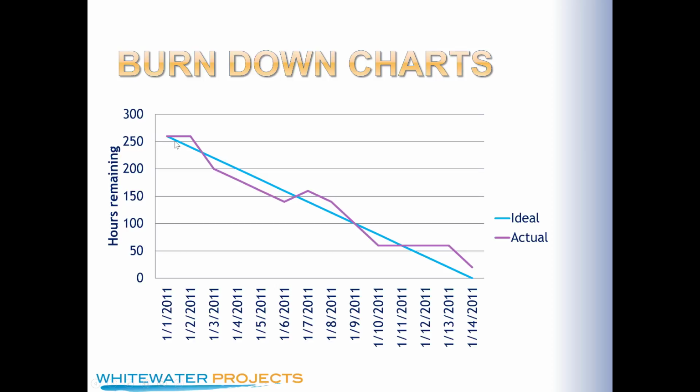And so this next line, the purple line, is a daily update. That daily update would show exactly how much time remaining we have estimated. So every day, before or during the daily stand-up, usually before, the people who are working on each card update the time remaining on that story, on that card.